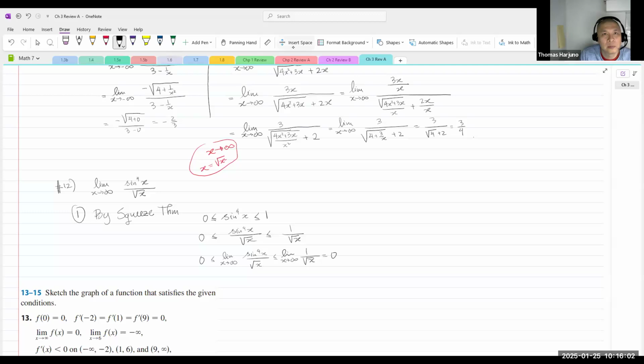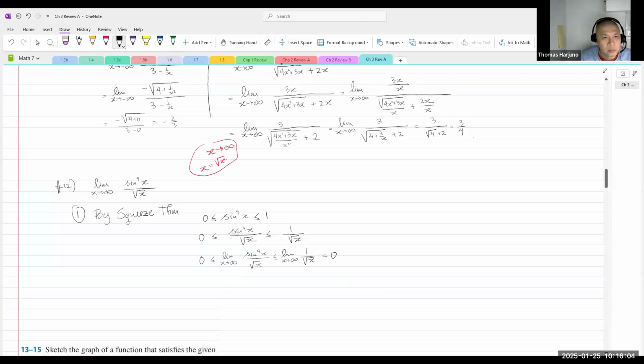So by the squeeze theorem, the limit as x goes to infinity of sine to the fourth of x over the square root of x is 0.